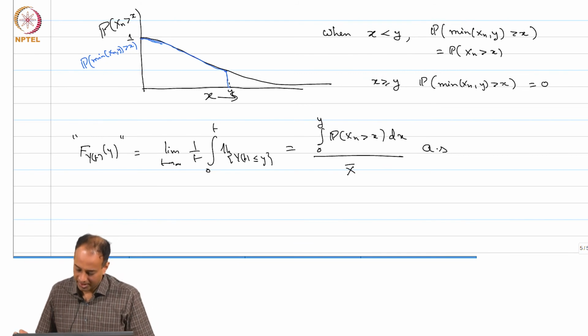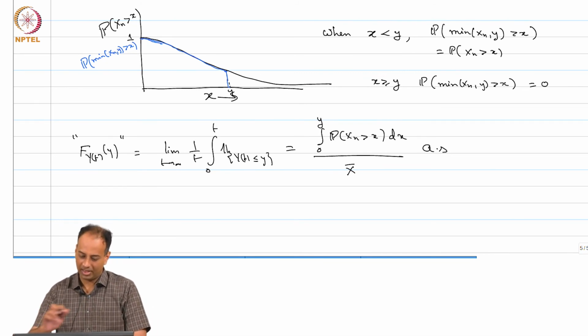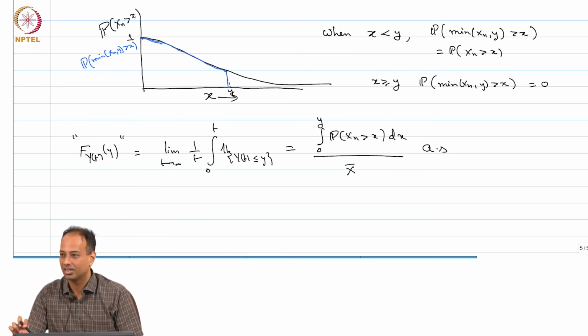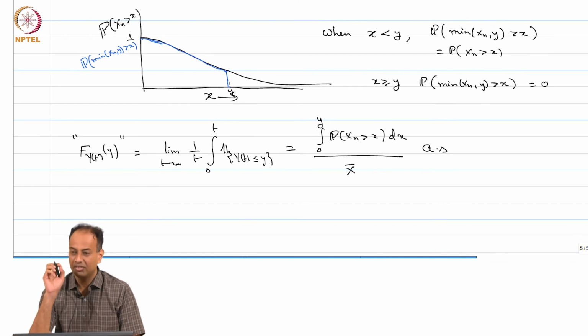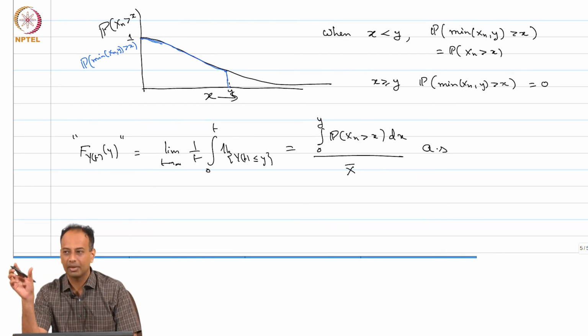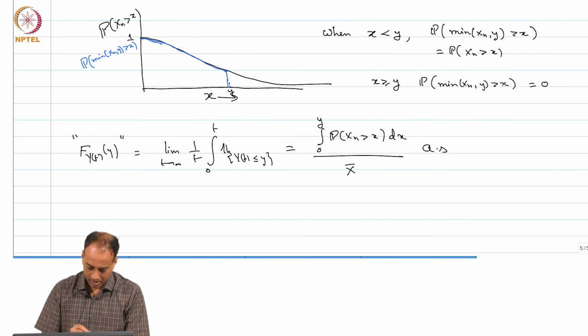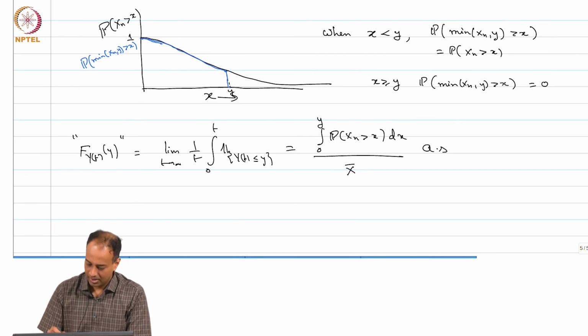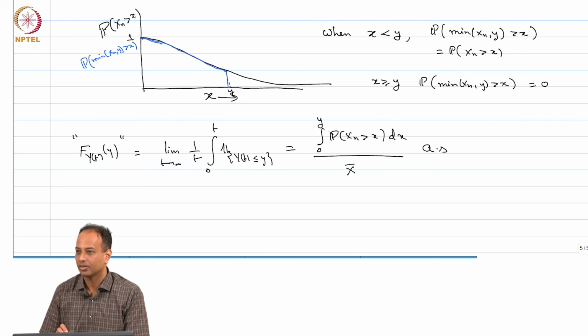So, there is something quite nice about this. There are two remarks that I would like to make about this answer that we have obtained. The one is that even if the xn's, the interrenewal times, are not continuous random variables, they could be discrete or mixed or whatever, the CDF of the residual life is the integral of some nice function.